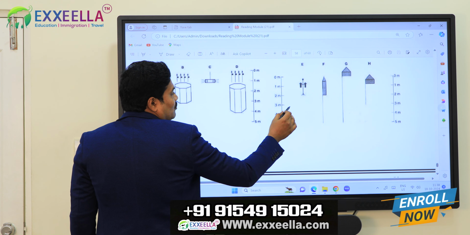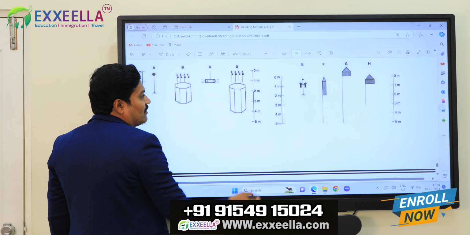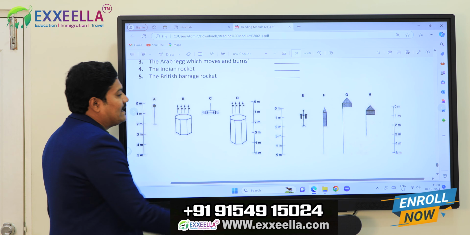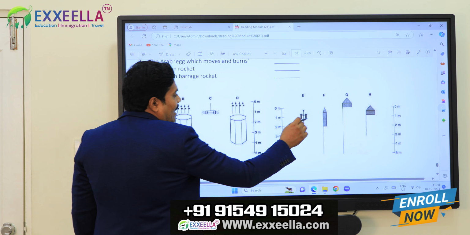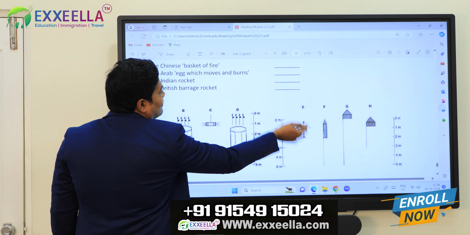From 2 to 3 it is 1 meter, from 3 to 4 it is 1 meter, from 4 to 5 it is 1 meter. So it is option F because it has a 3 meter long bamboo guiding stick. That is the reason why the fourth answer is option F.